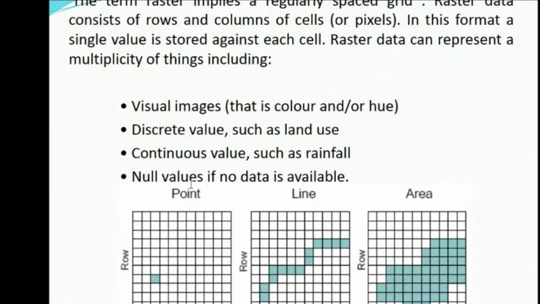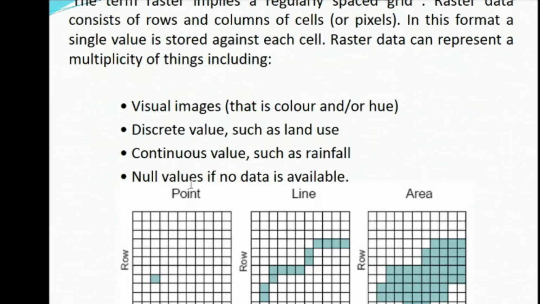In other words, phenomenal features happening on the surface, like rainfall, slope variation in an area, flood level changes, elevation variations or rainfall variation, such phenomenal features which are three-dimensional, can be represented better in raster data.